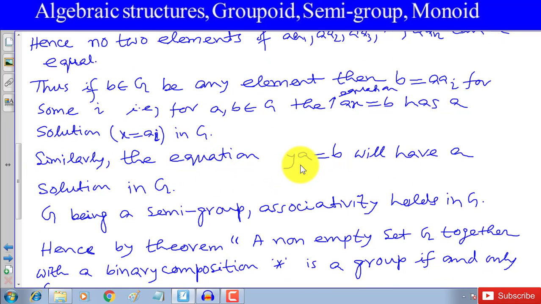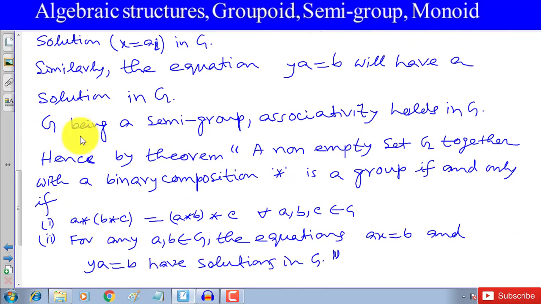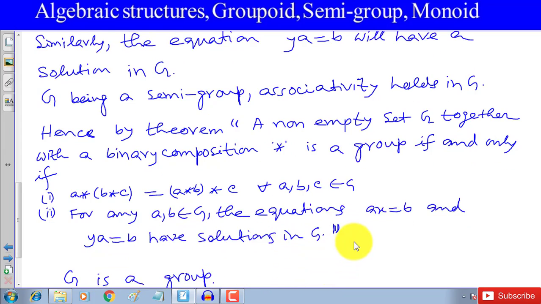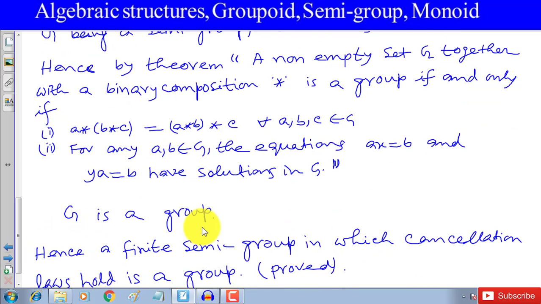Similarly, the equation yA is equal to B will have a solution in G. G being a semigroup, associativity holds in G. Hence, by the theorem, a non-empty set G together with a binary operation or a binary composition star is a group if and only if (A star B) star C is equal to A star (B star C) for all A, B, C belongs to G, and for any A, B belongs to G, the equations Ax is equal to B and yA is equal to B have solutions in G. So G is a group.